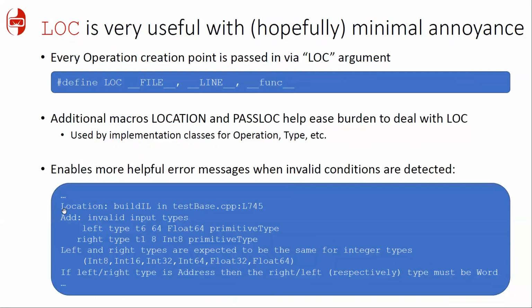So as an example, here's one of the tests that runs as part of the regression testing for the base extension. This is testing for the add operation. It's verifying that if you provide types that are not valid for an add operation, it will throw an error.